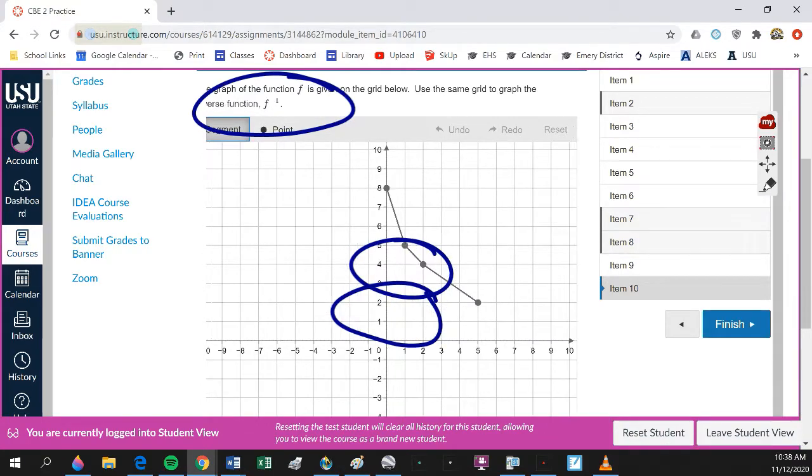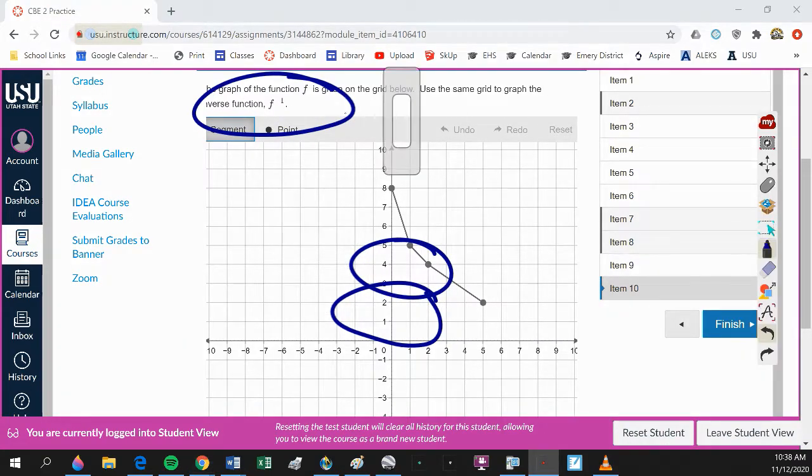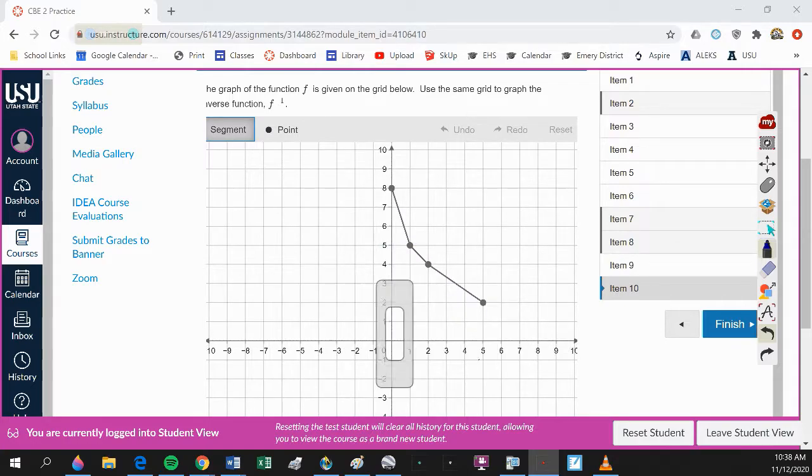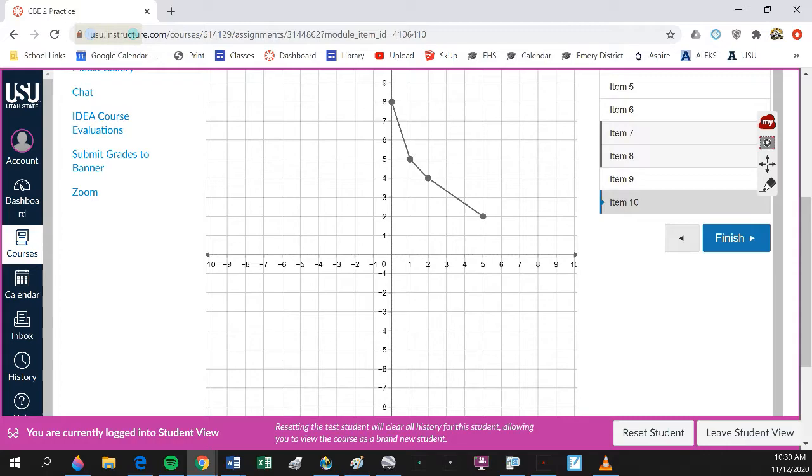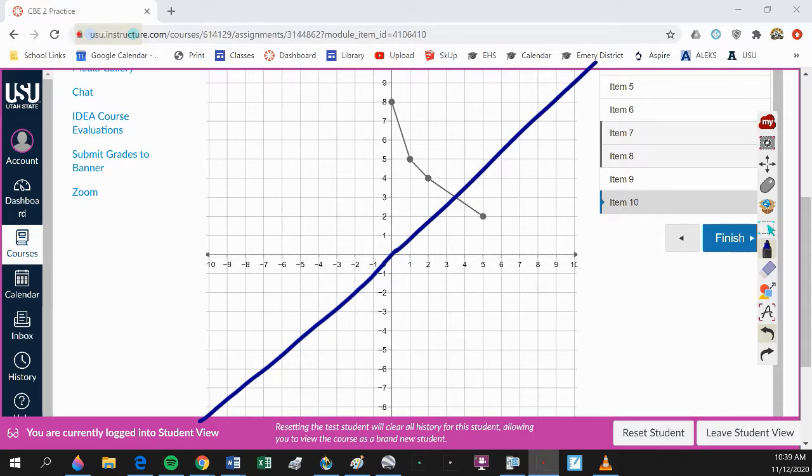All right. Okay. How do we graph inverses? This one's easy. We draw a 45-degree line. You try to draw a 45-degree line. And then we reflect across that. So this point would get reflected to there.